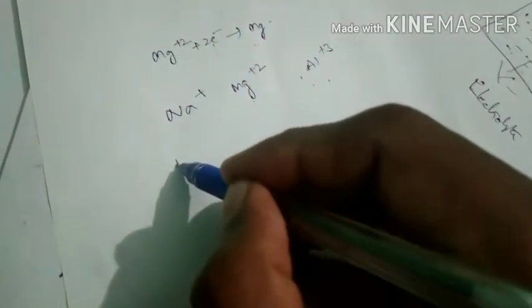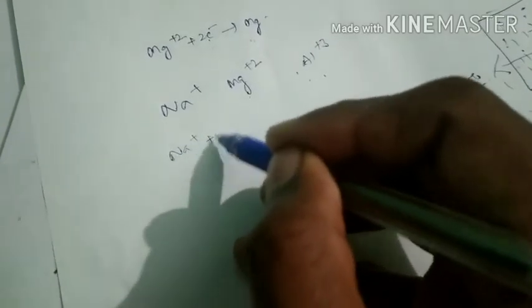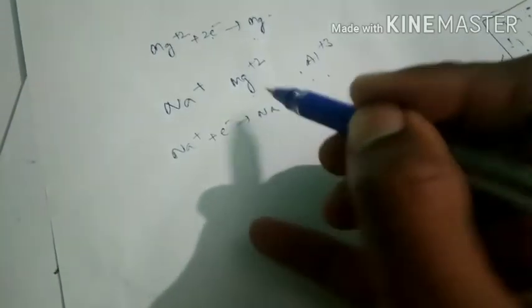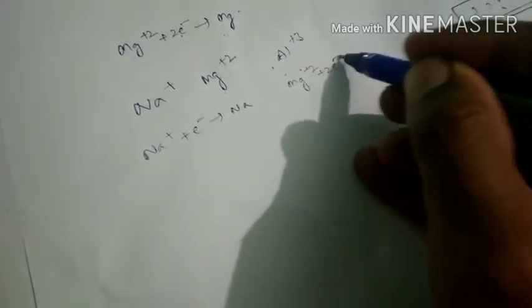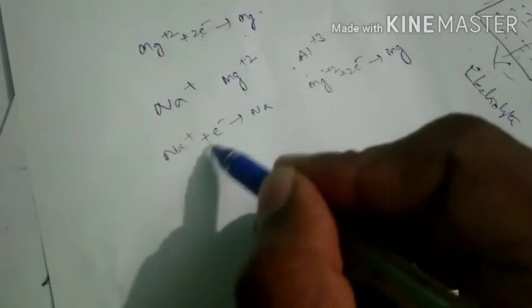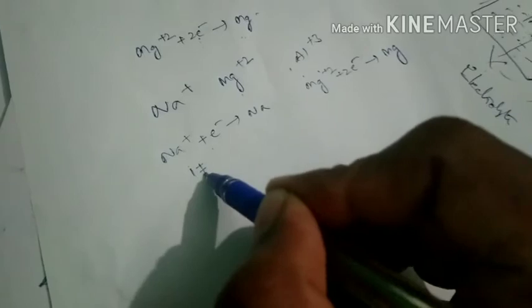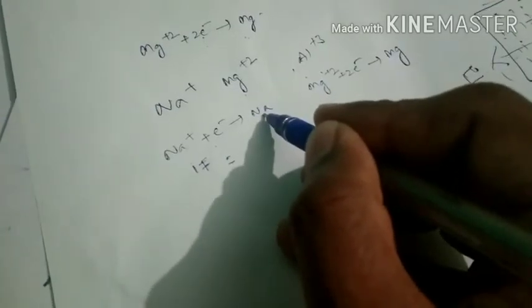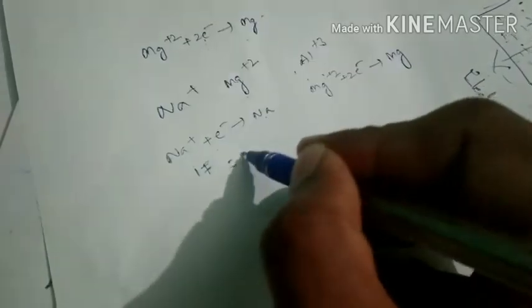First we write: Na plus electron gives rise to Na. Next we write one more equation: Mg plus 2 electrons gives rise to Mg. What is the meaning of this? If you pass 1 Faraday, 1 mole of electrons, then you get 1 mole of sodium atoms. The weight of 1 mole of sodium is 23 grams.